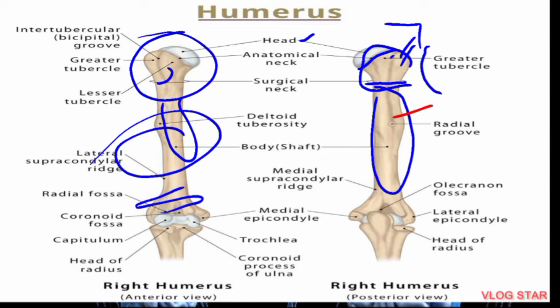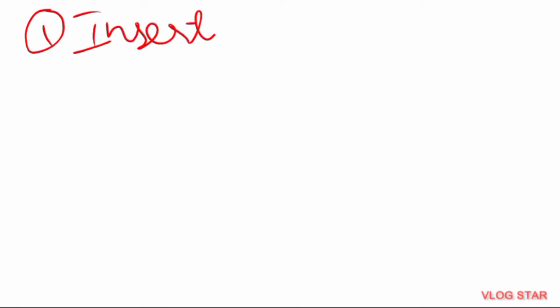Attachments to the shaft are, just write it down, which attachments are with the shaft. Number first is insertions. Here is the pectoralis major on lateral lip of bicipital groove.